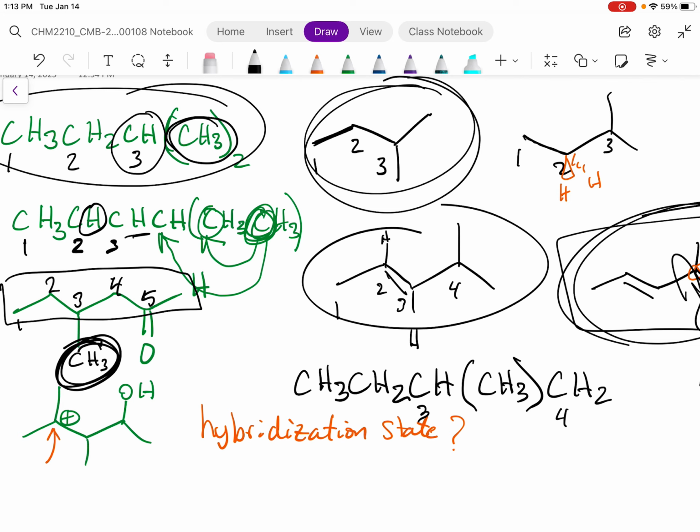But we have a question here. On carbon number 3, how do we know that's a methyl and not an ethyl? The line that's going down from carbon number 3. Because you'll learn that a methyl means one carbon. Ethyl means 2 carbons.